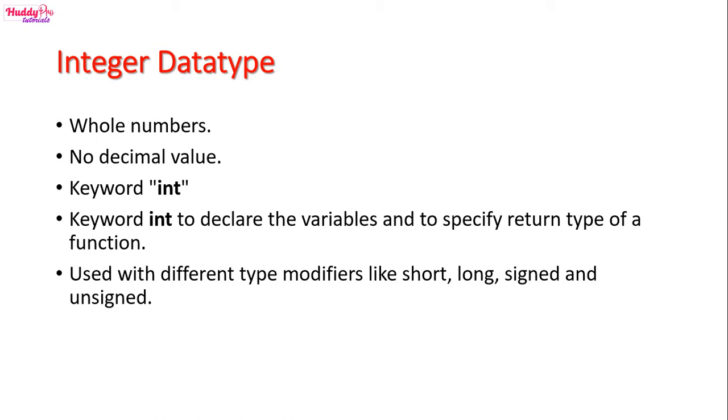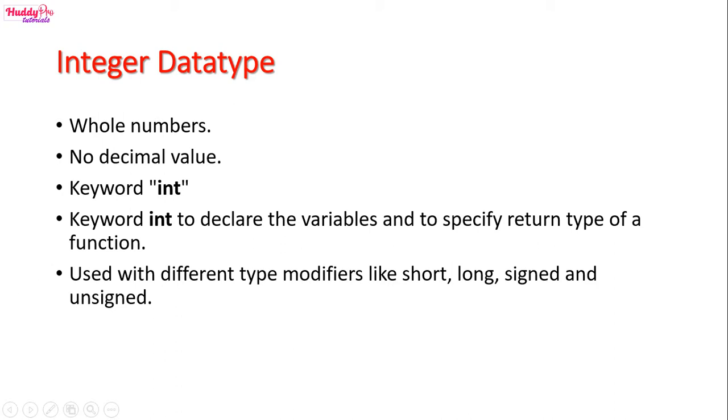We use the keyword int to represent the integer data type in C. We also use that keyword int to declare the variables and to specify a return type of a function. Declare means to introduce that variable or anything. To declare, you are introducing it to the compiler. So still the int keyword will serve the same purpose.